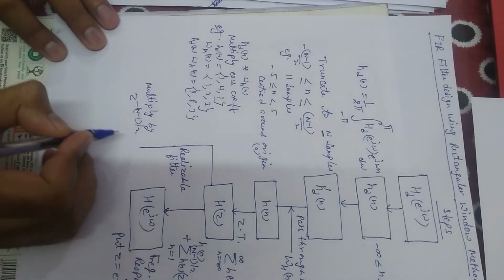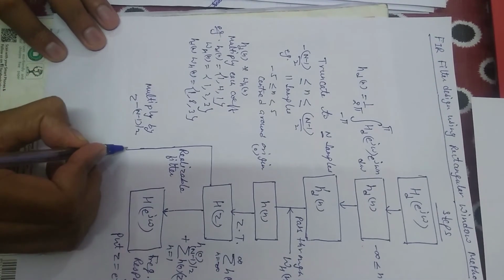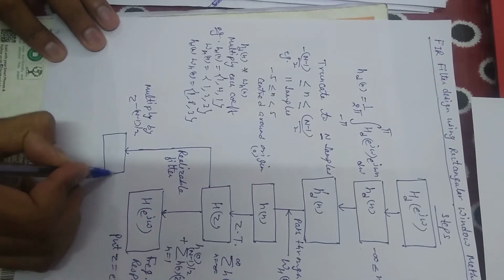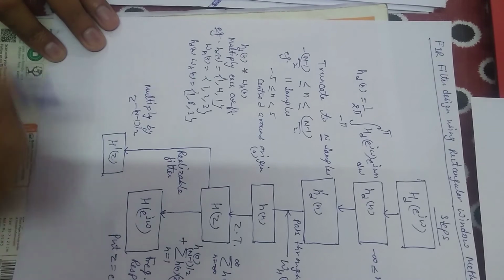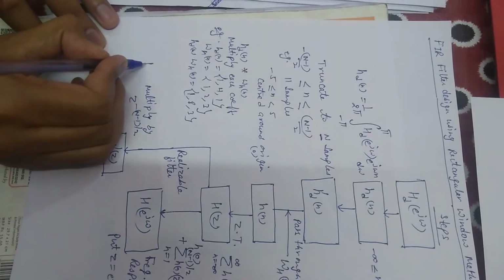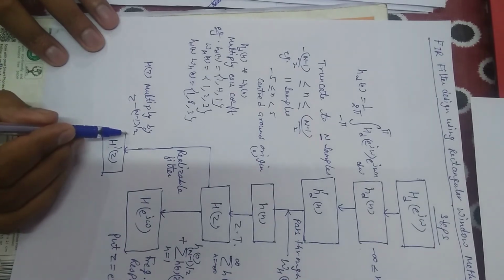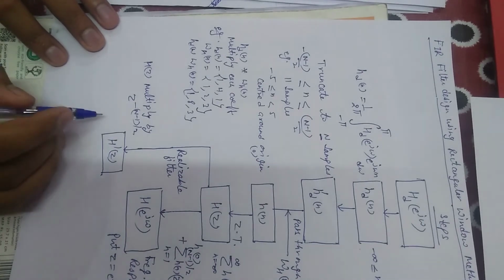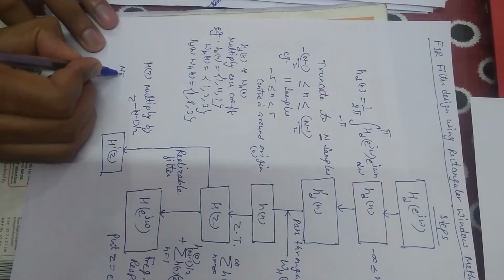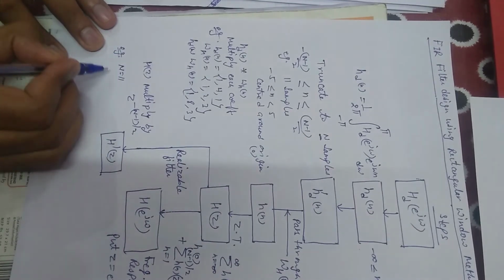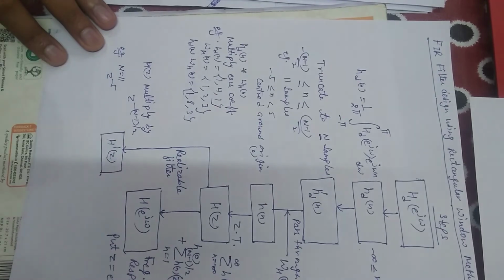Here n is from minus 5 for example, and H(z) is multiplied by z raised to power minus (N minus 1) by 2. N is obviously some number, N is 11 for example, then it will become z raised to power minus 5.